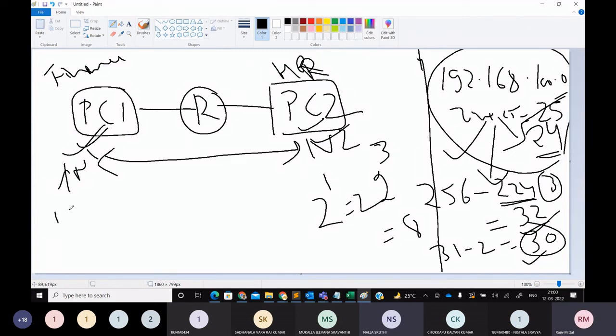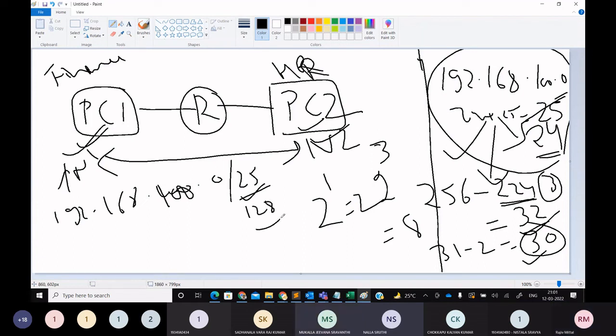So if 192.168.100.0/25 comes, what will the network addresses be? 2 network addresses. If 25 comes here, 25 is what? 128. So the subnet mask is 255.255.255.128.